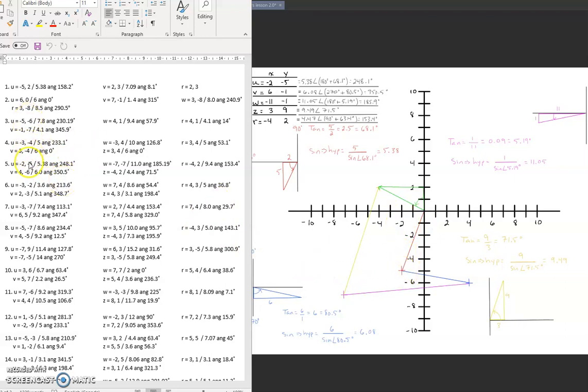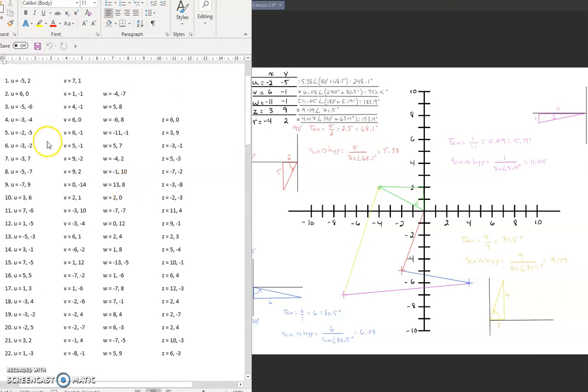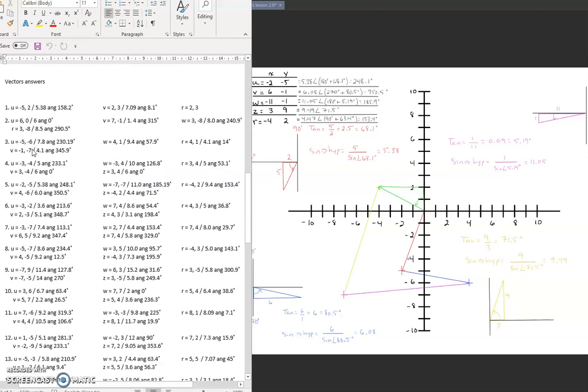The first ones will always match the very first vector. Here, -2, -5, with a magnitude of 5.38 and an angle of 248.1.